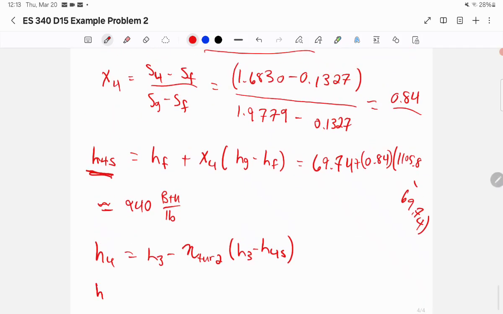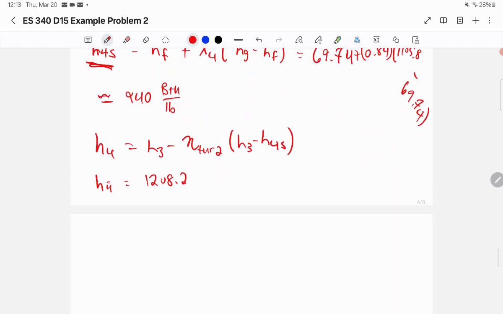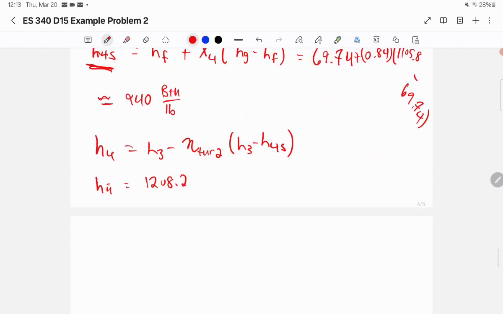So that means that H4 is equal to my H3, which was 1208.2. We had already found that earlier off the tables, minus 0.85, because it was 85% isentropic efficiency, times 1208.2 minus 940. And this comes out to be approximately 980.2 BTU per pound.